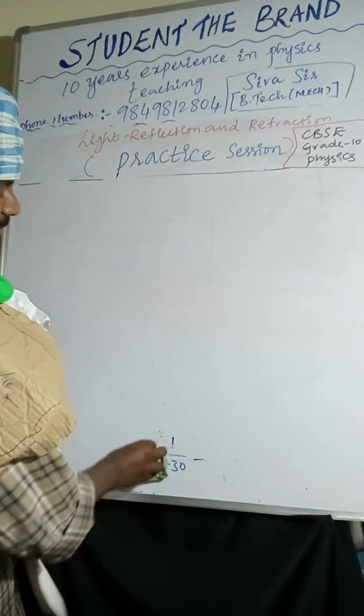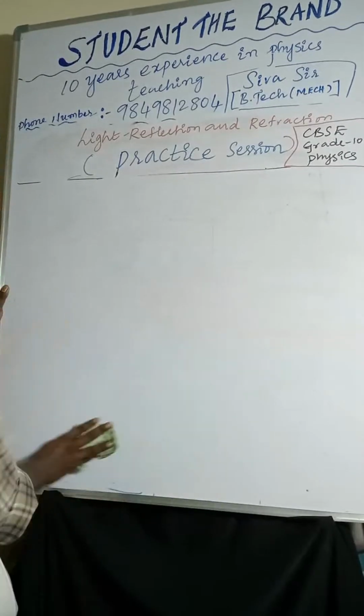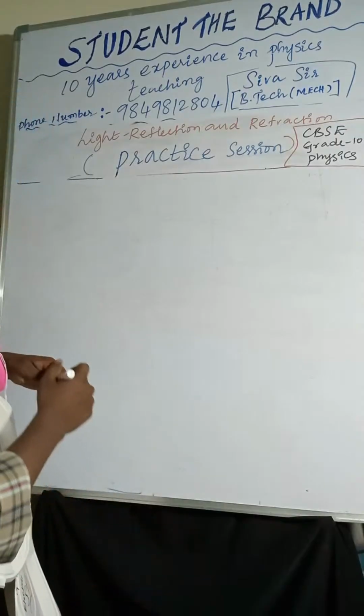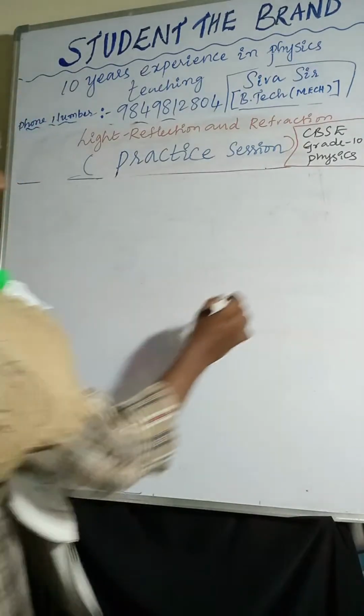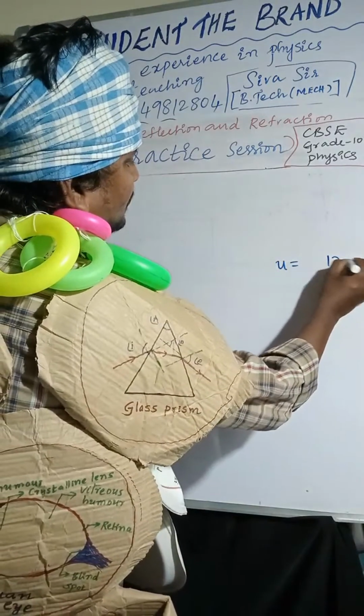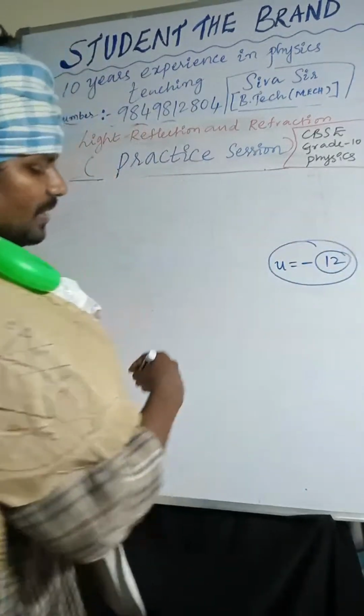Answer is 12. I am taking the magnitude. Magnitude of the object distance is 12. So sign you can take negative. That is the answer I am going to say.